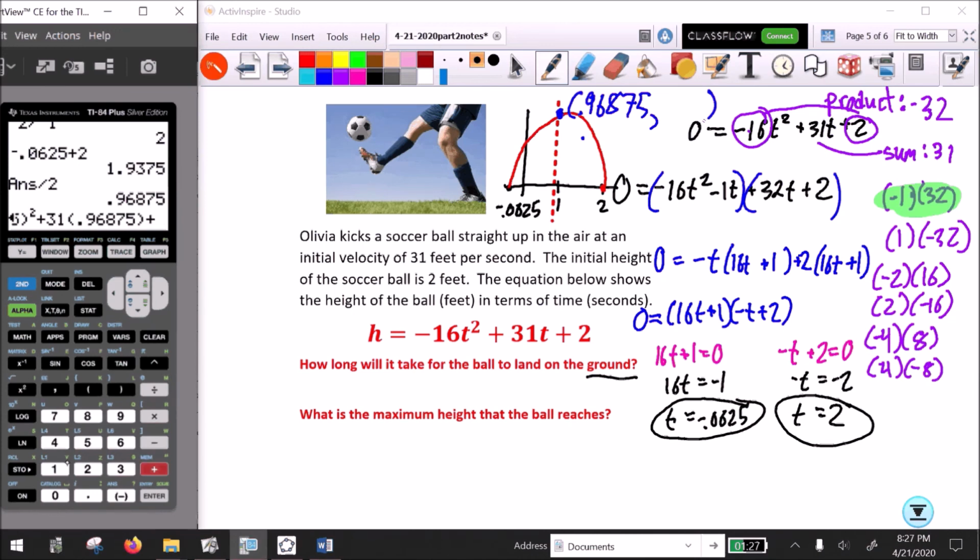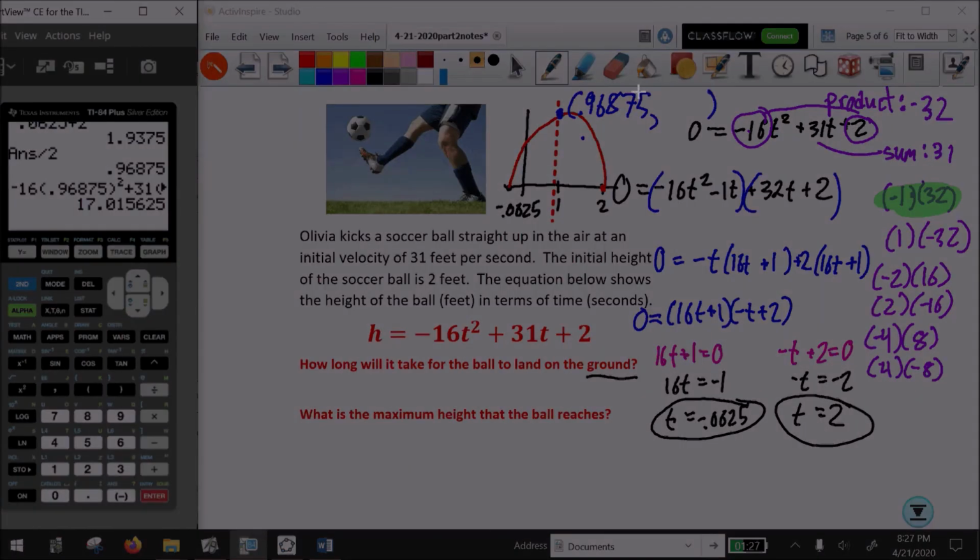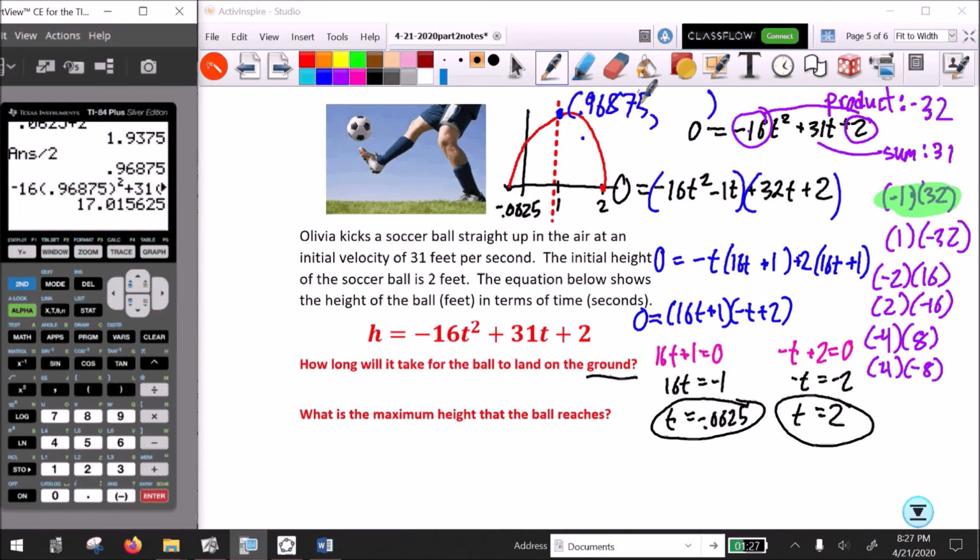How high did the ball go? 17 feet about. It's 17.015625. And I'm just going to paste that. Here we go. That's the max height.